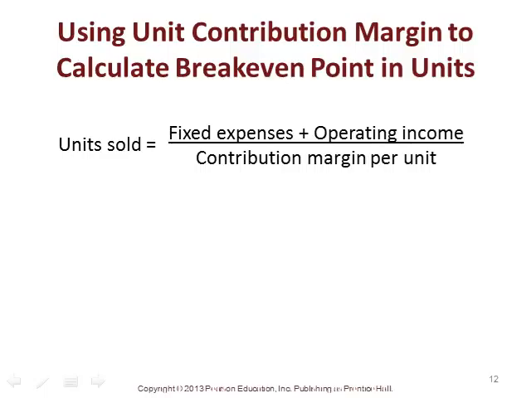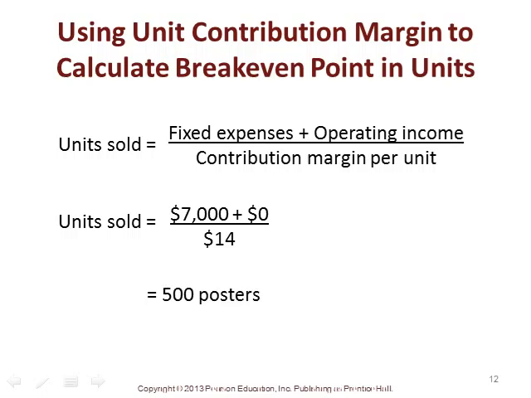If we assume zero operating income, we have our fixed expenses of $7,000 divided by the contribution margin per unit, which we calculated earlier to be $14. If we do that calculation, here's our formula based on Kay's ETL. We're told that we have to sell 500 posters. So already we know Kay must be making a profit, because we're told that she sells 550 posters, right?